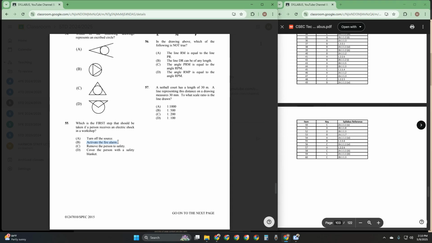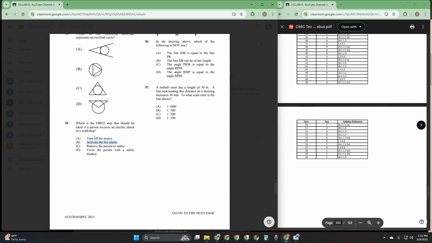I'm not sure I agree with number 55. They say the answer is B for boy, which is to activate the fire alarm. But if a person receives an electric shock in the workshop, for me, the first thing I would do is not activate the fire alarm.